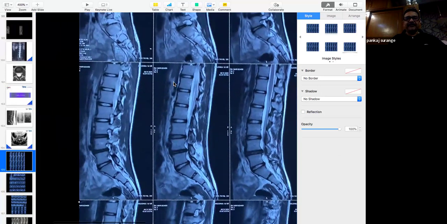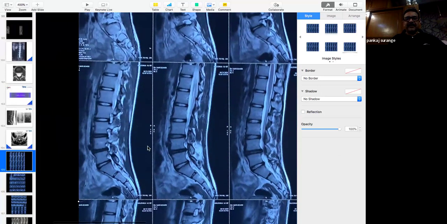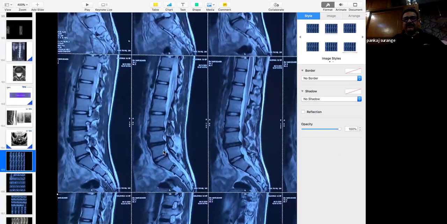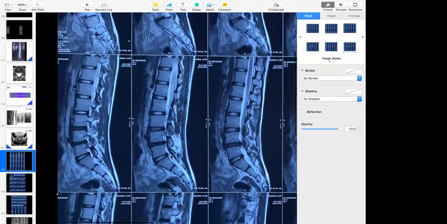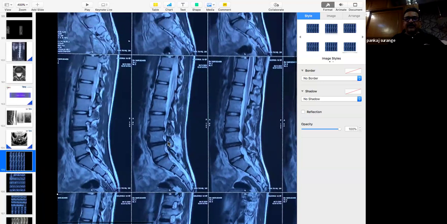Nothing is there. Now we go towards the midline, towards the parasagittal area. We can see some herniation over here. Can you see that the nerve root is compressed over here? There is a minor herniation over here, but it's not compressing the root. But this one is a herniation which is compressing the traversing root.